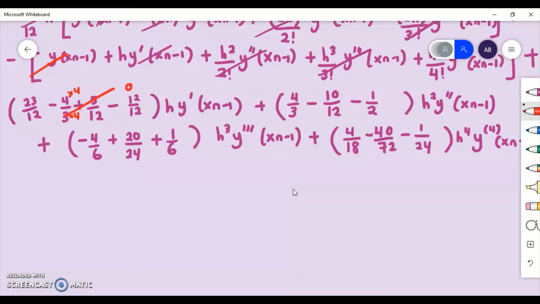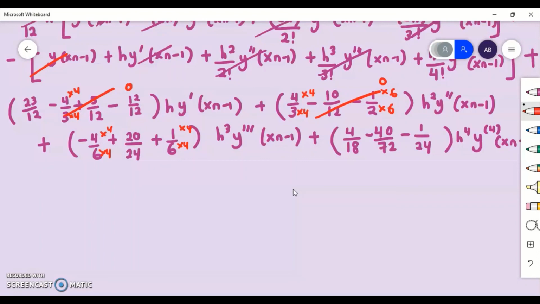Now this term here, times by 4, times by 4, times by 6, times by 6. 16 minus 10 is 6 over 12. 6 over 12 minus 6 over 12, 0. Times by 4, times by 4, times by 4, times by 4. So we have negative 16 plus 20, 4 over 24.